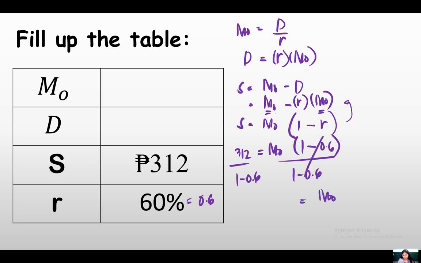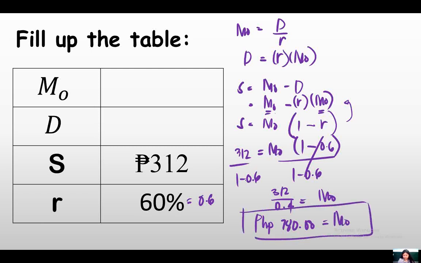So M sub O is equal to 312 over 1 minus 0.6. What is the value? 0.4. Then get the quotient. We have 780 pesos for the cost price. Okay, so we have 780 pesos.